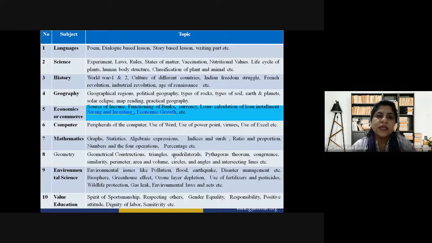So when we are teaching them, for example in languages, if we are choosing a poem, a dialogue based lesson, a story based lesson, a writing part, etc. These are the topics where we have to show our stimulus variation skill to the maximum. You will recite the poem in the classroom to teach the children, but if you yourself do not have those stimulus, then how can students learn?